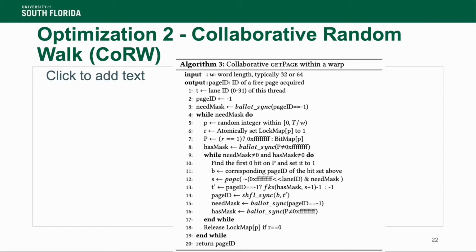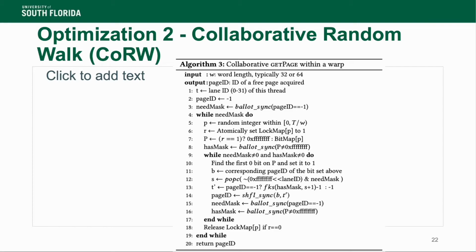So in this algorithm, a need mask is a 32-bit mask that represents what threads still need to get a page, and hash mask is the mask that indicates which thread need or has found a page.